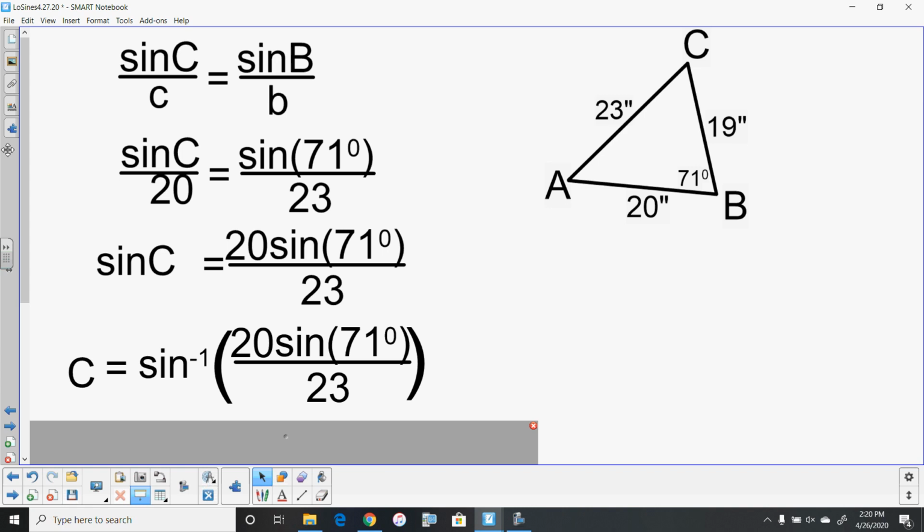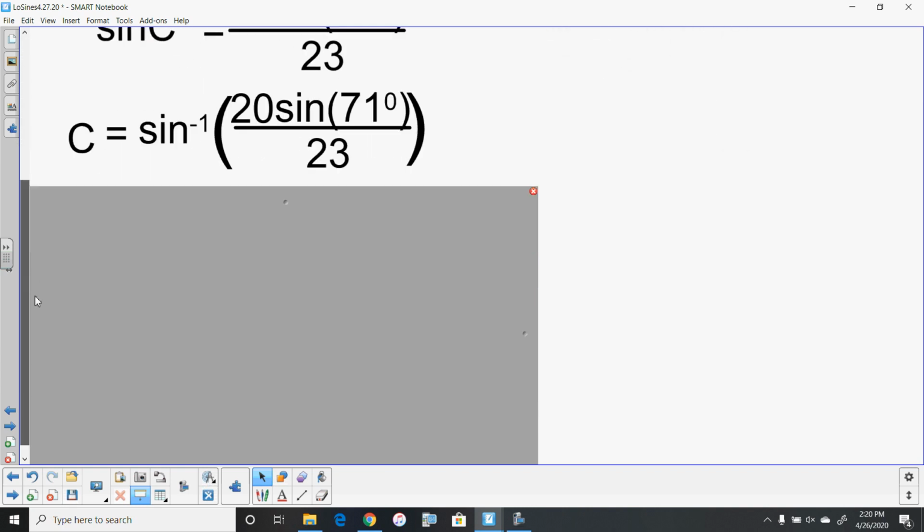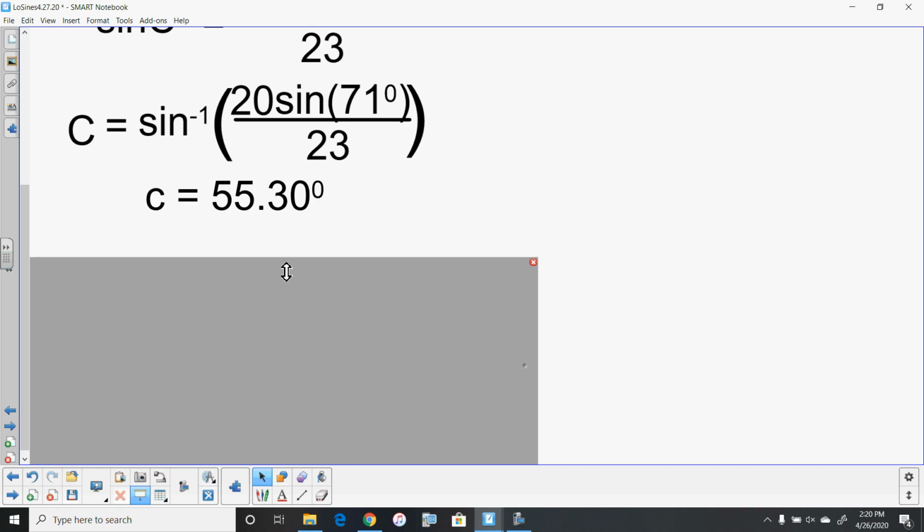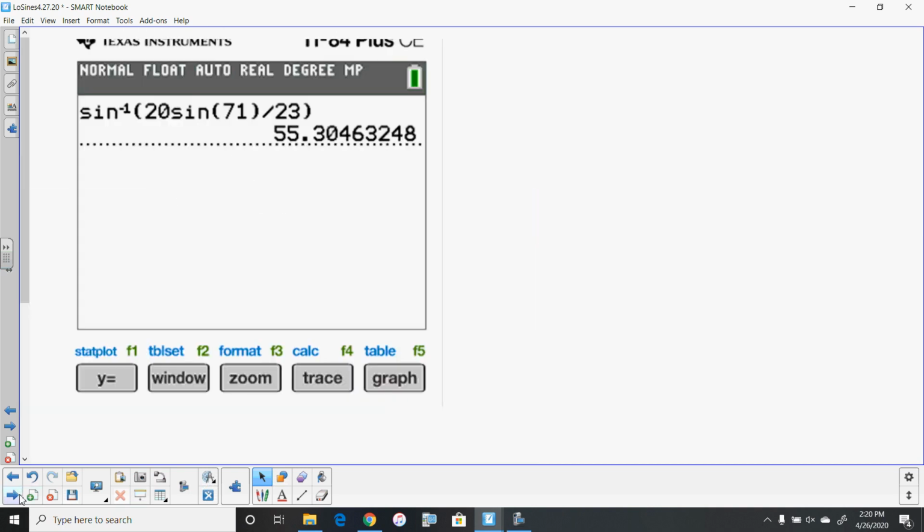Now angle C is across from a slightly smaller side. So I should expect and anticipate getting an angle smaller than 71 degrees. If I don't, then I made a mistake somewhere. So in continuing this problem, I got 55.3 degrees.